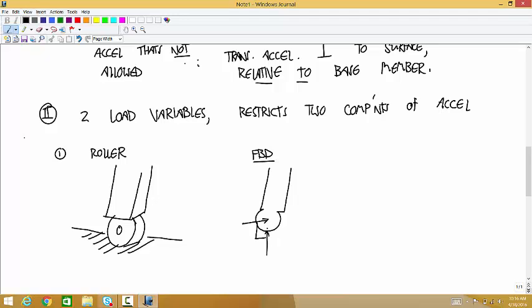Okay, anyways, those are perpendicular. So I'll call this N and R, R perpendicular to N.